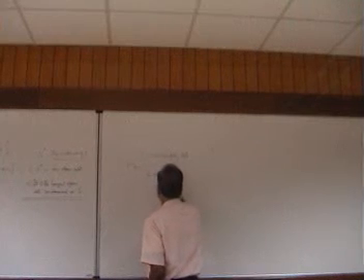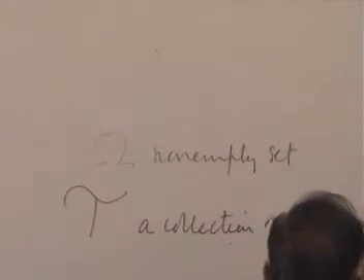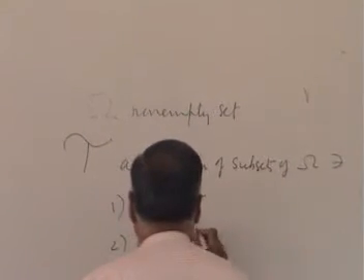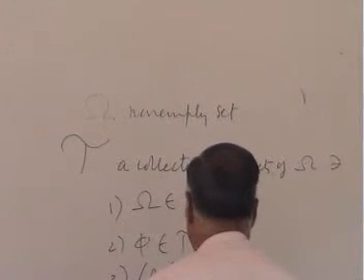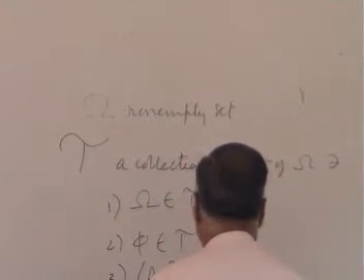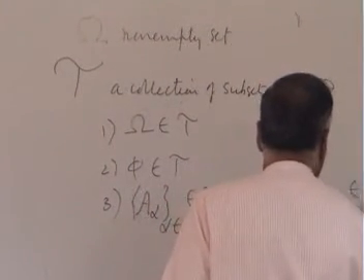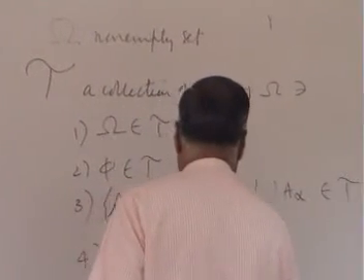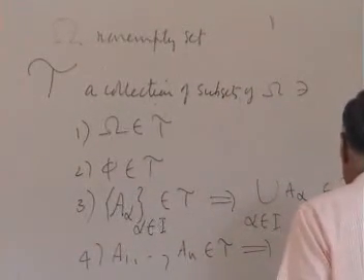Omega, a non-empty set. Tau, a collection of subsets of omega such that: one, omega belongs to tau; two, phi belongs to tau; three, if A alpha belongs to tau, then the union of A alpha belongs to tau for any such union; and four, if A1, A2, up to AN belong to tau, then the intersection of AJ, J equals 1 to N, belongs to tau.